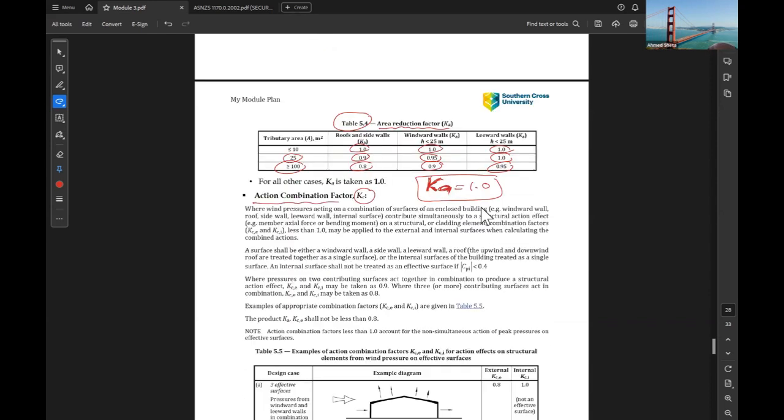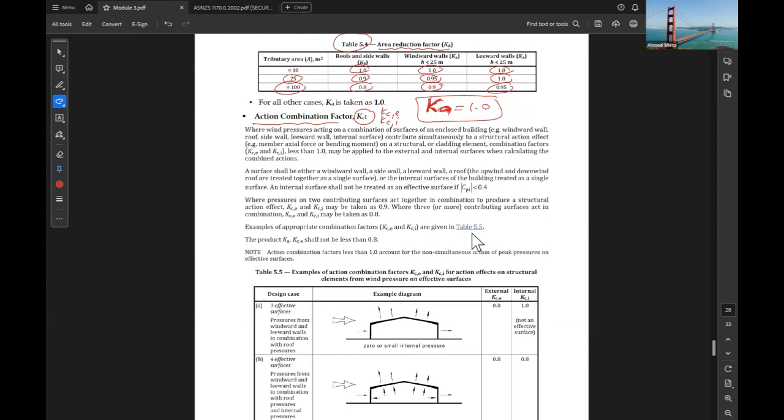We have KC for internal and KC for external. So KCE for external, KCI for internal. KC is a factor to combine the external pressure factor and internal pressure factor. So this can be found using table 5.5.